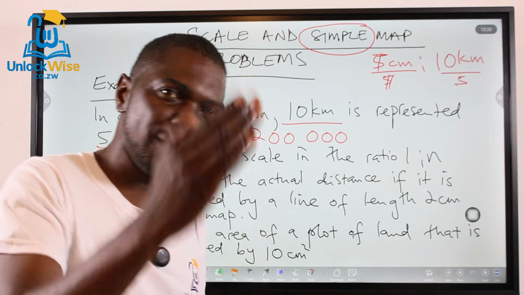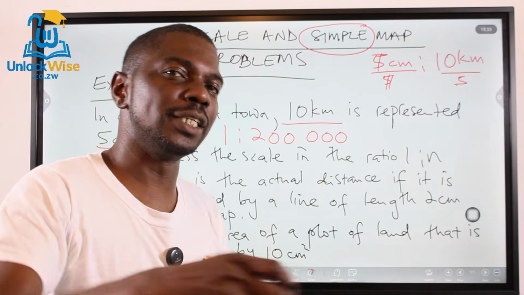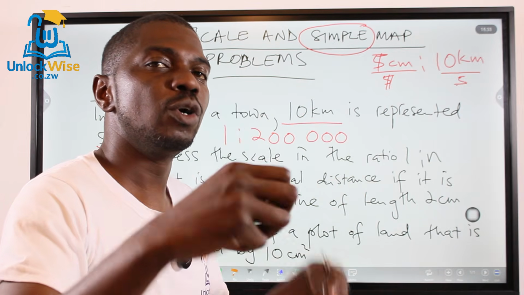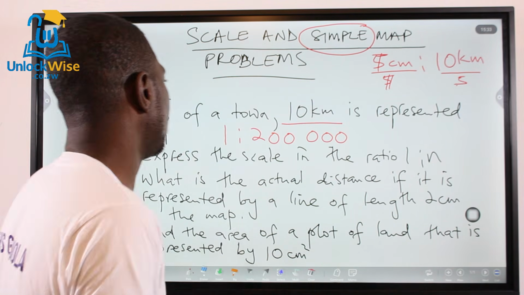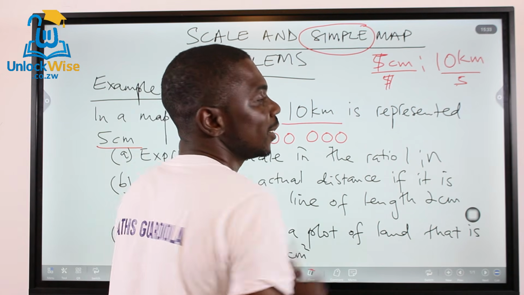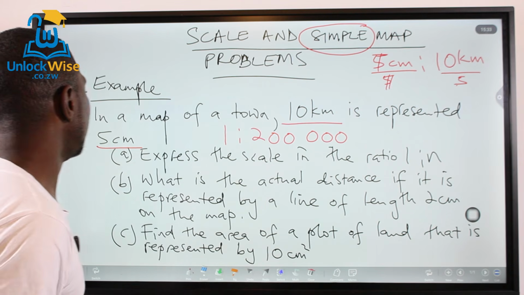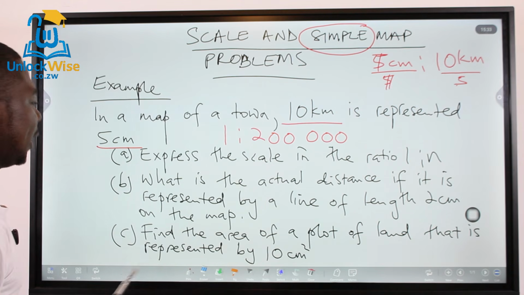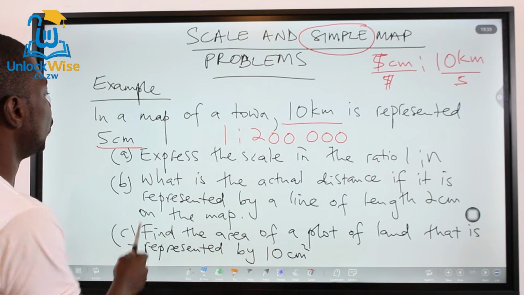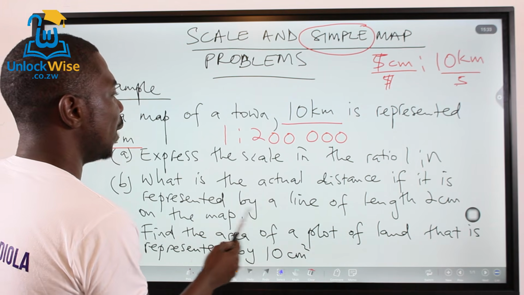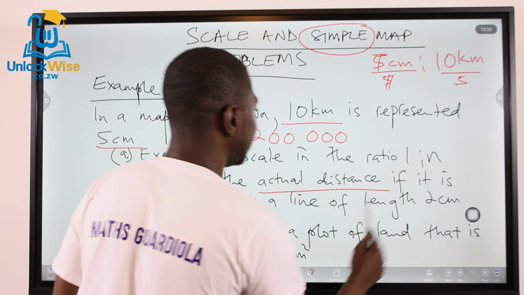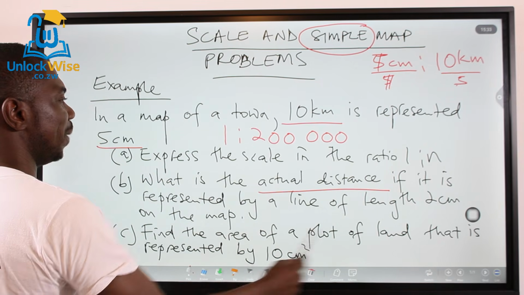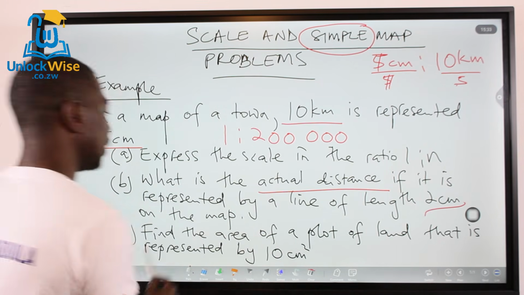So that we have 1 centimeter, which is representing the value of your actual distance in centimeters. So we can even remove the centimeters as the unit here, right? Then the next question asks us to find the actual distance, if it is represented by a line which is 2 centimeters on the map.